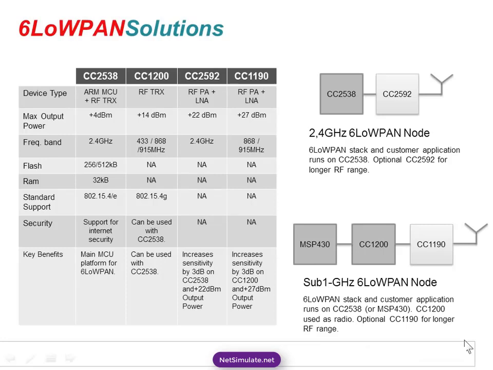For applications that require longer range or better sensitivity, there is an option to extend RF range between wireless nodes with TI's integrated range extenders. The CC2592 is used for 2.4 GHz and the CC1190 is used for sub-1 GHz operations.